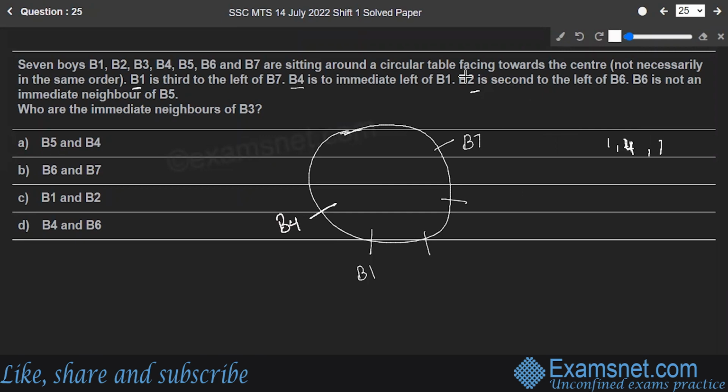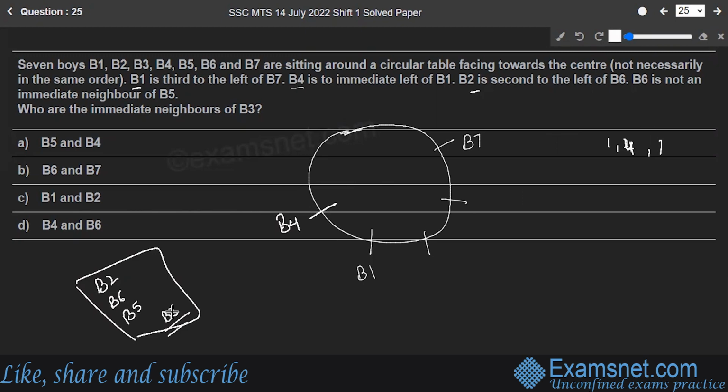I don't know where is B6 or where is B2. Okay, let's go with the next one. B6 is not the immediate neighbor of B5. So here I have some relation about B2, B6, and B5. And what is left? Yes, B3 is also left. So these 4 boys are left, right?